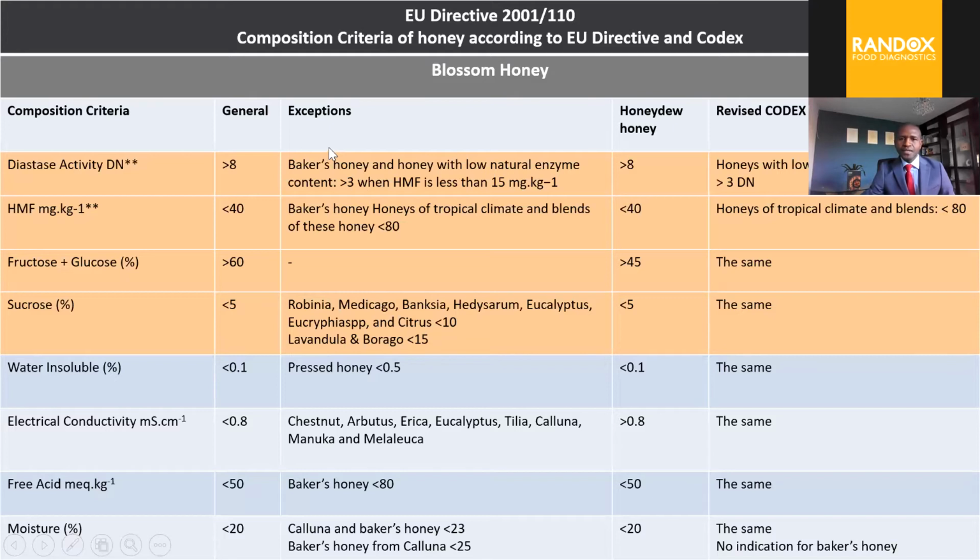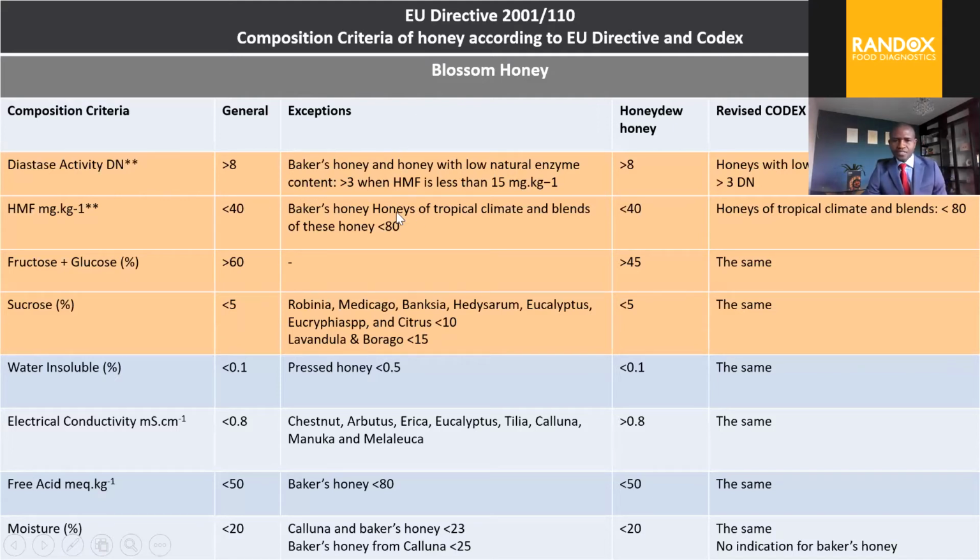So here is some criteria from the EU directive. When we talk about blossom honey in this case, diastase activity, which is defined as the diastase number, should be more than 8.